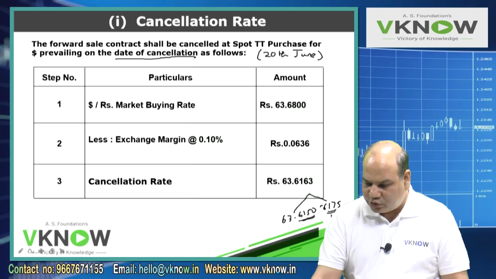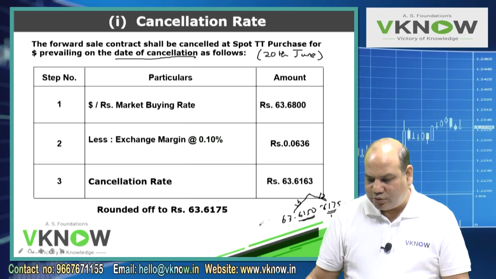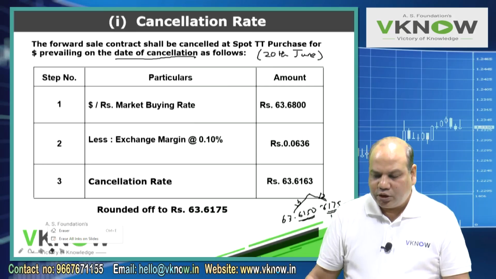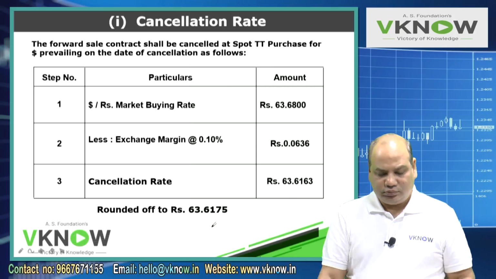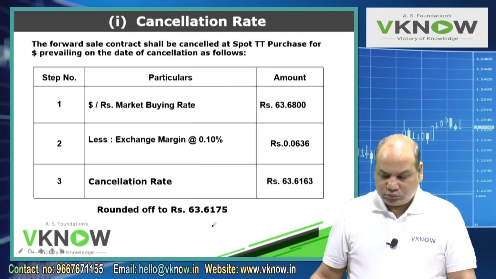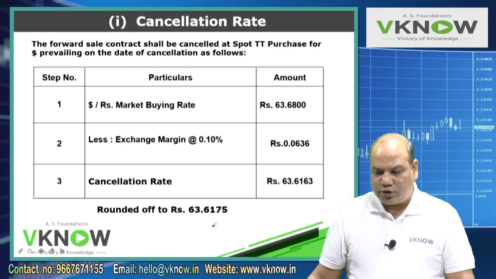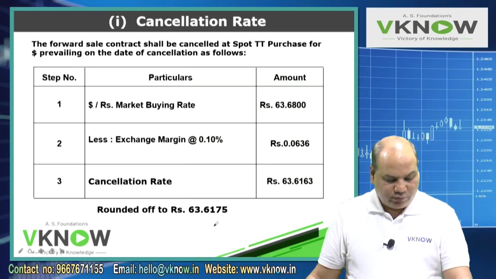So the answer is 6175 because there the gap is only 12 numbers. Here the gap would be 13 numbers. So very close. So round off to 63.6175. What is my next question in the book?